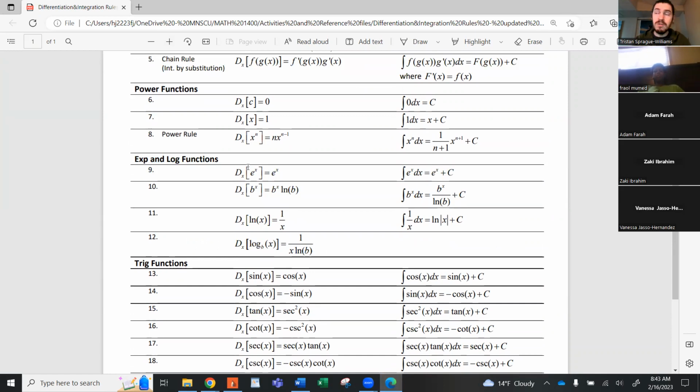To be honest, we use the natural exponential and natural log about 10 times as often as the other ones. So 9 and 11 are the main rules we're going to be using in this class and moving forward, like Calc 2 and so on, because the natural exponential and log functions are the best ones.